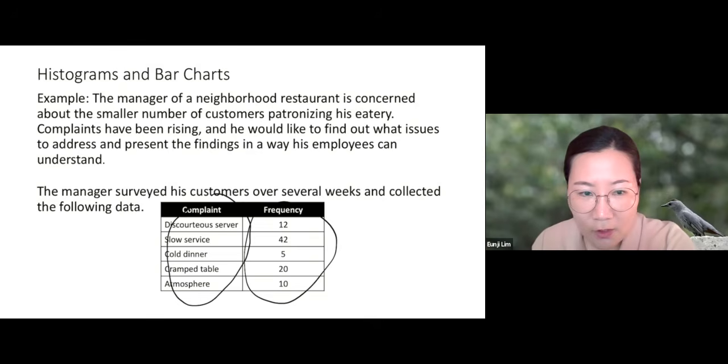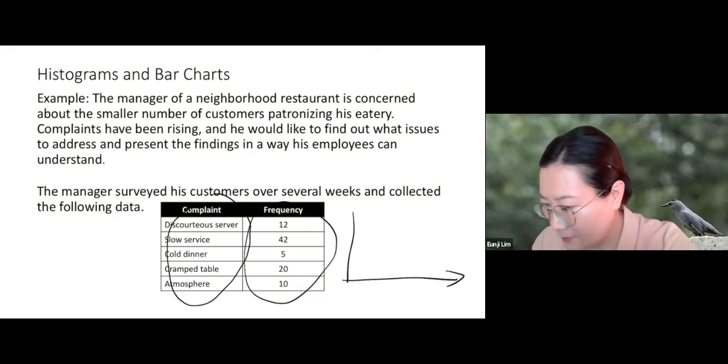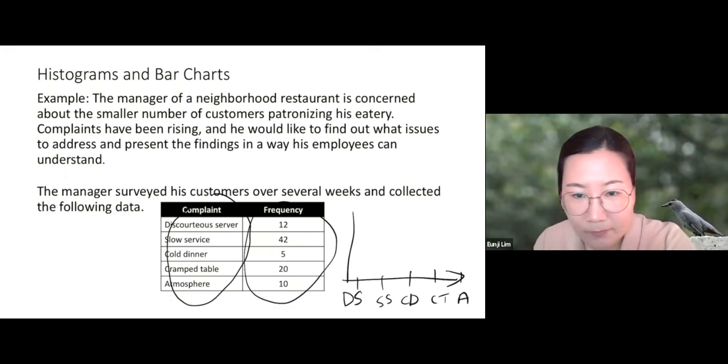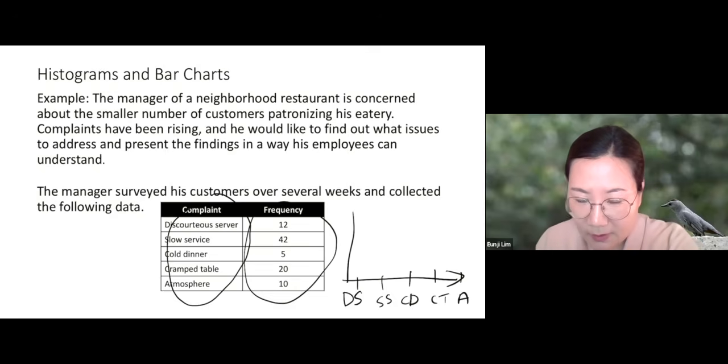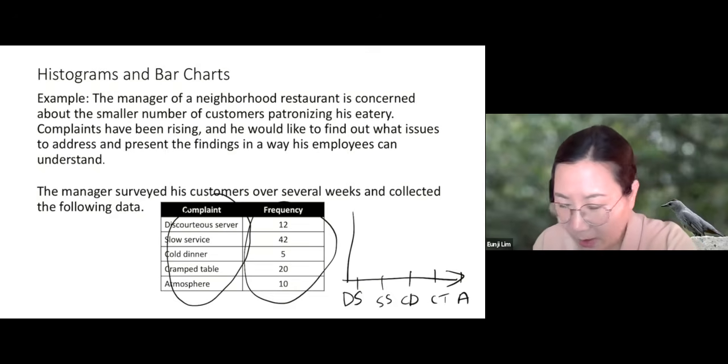So how can we draw the histogram of this data set? On the x-axis, we are going to list all the complaints. The first one, discourteous server, slow service, cold dinner, cramped tables, atmosphere. On the y-axis, you're going to put the frequency. And on each category, you're going to draw a bar, and the length of each bar represents the frequency.